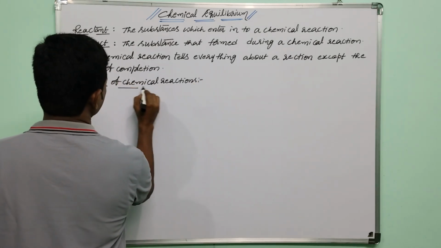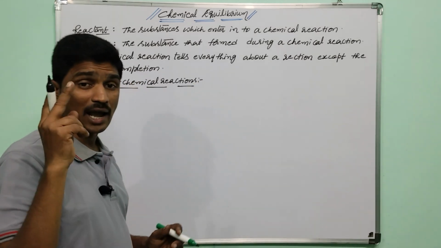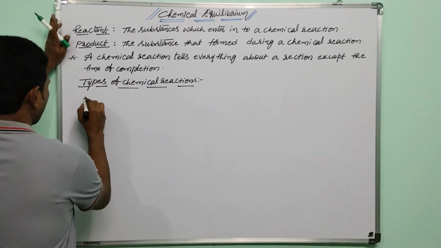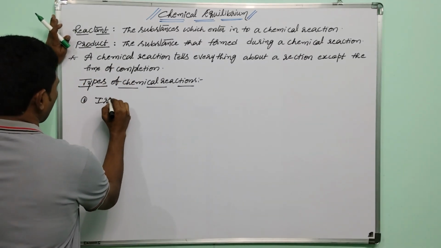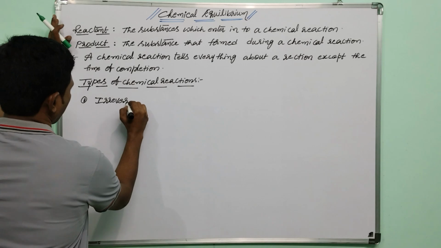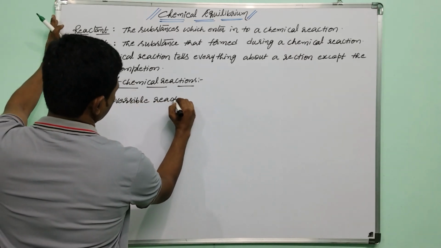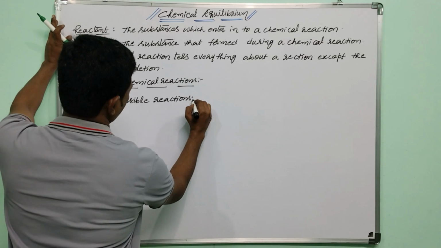Generally, chemical reactions are considered as two types. Two types of chemical reactions are there. Number one, irreversible reactions. These are the first type.